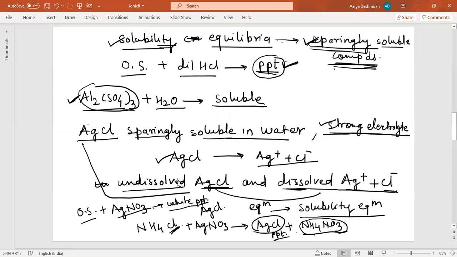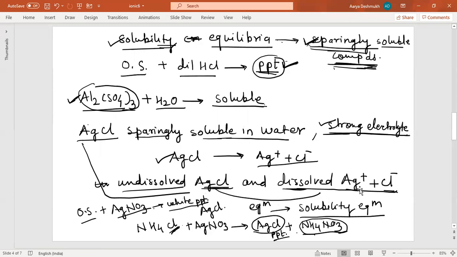In addition to this, there will be some amount of undissolved AgCl, and the part which is soluble will give you Ag plus and Cl minus ions. So there will be establishment of equilibrium between silver chloride, which is undissolved, and the dissolved silver ions and chloride ions. This results in the existence of equilibrium between these two things.